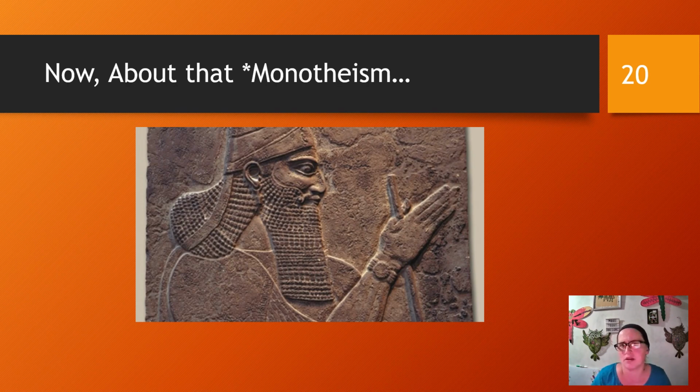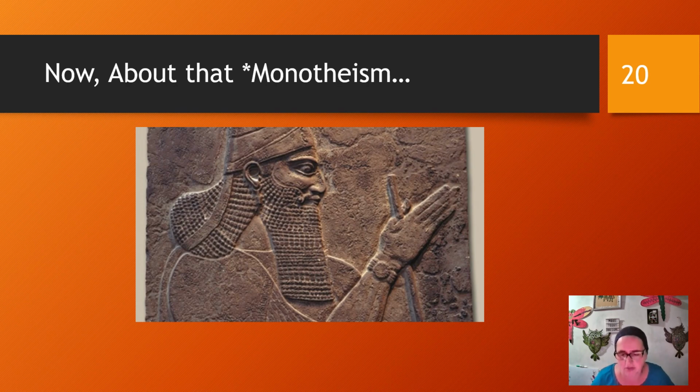Ethical monotheism is the belief in one God, like all monotheisms, but it also means that you believe in a good God who also cares if you're good. Ethical monotheism has an emphasis on not just sacrifice, but also ethical behavior.